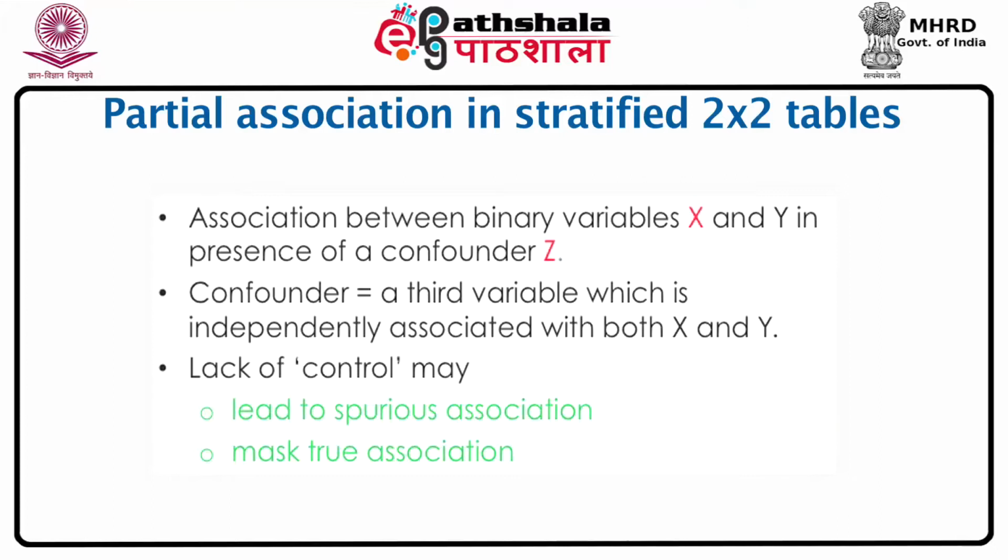This variable is called a confounder, and the reason we need to consider this variable is that if we fail to control for it, then this lack of control may either lead to an association which is spurious or it may mask true association.